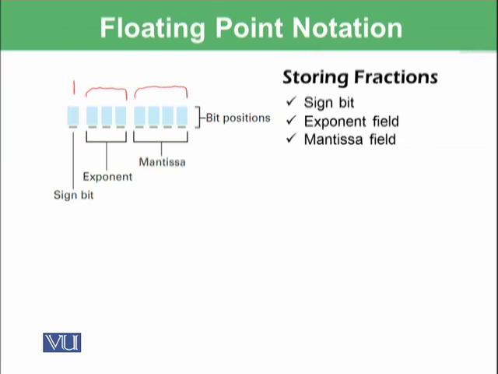However, if there is a 1 in the sign bit, then it is a negative number. The exponent tells us how many places we need to move the decimal or radix point, and the mantissa is the actual number.